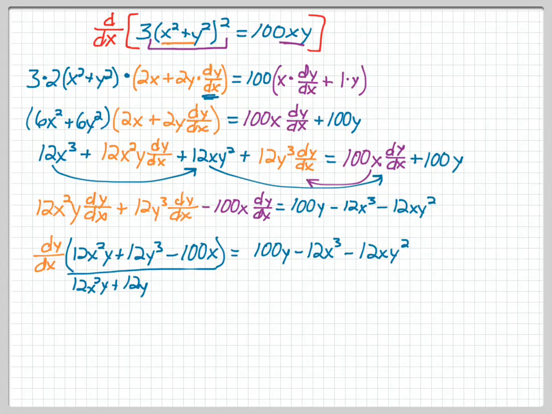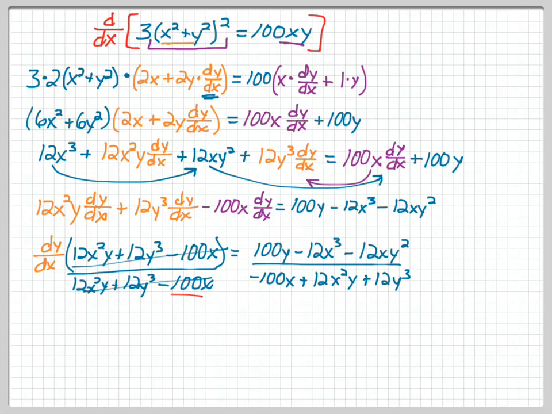So we're going to do a big division here, dividing everything on the right by everything on the left. But before we do that, I'm going to bring this 100 out in front, so you can see that we've got a lot of matching numbers. So we have minus 100x plus 12x squared y plus 12y cubed. All right, so these two things cancel out, and we're left with dy over dx equaling 100y, and I'm going to start factoring a little bit here.